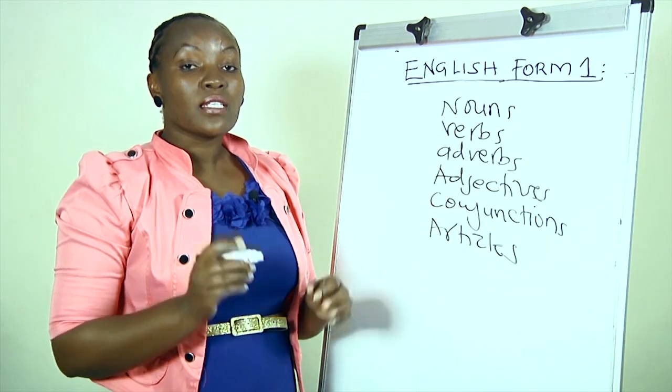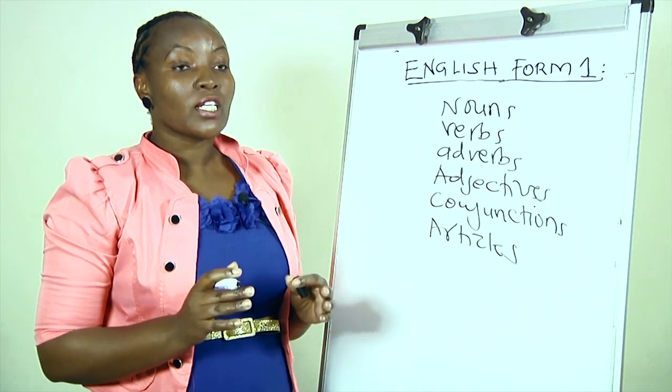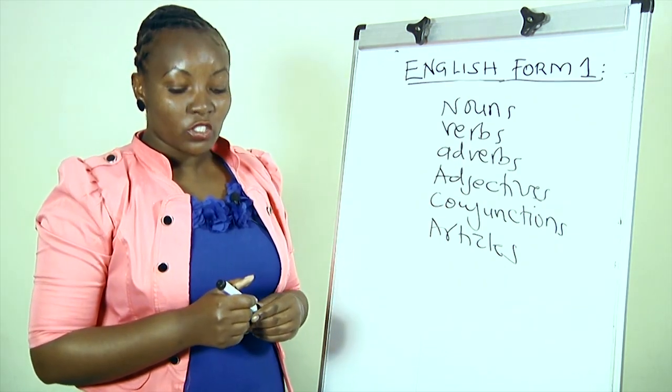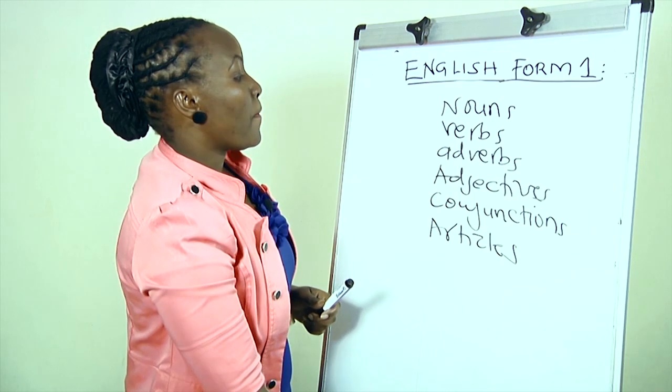And not only that, these are some of the parts of speech we looked at in our primary school. But now in Form 1, our major interest will be nouns.